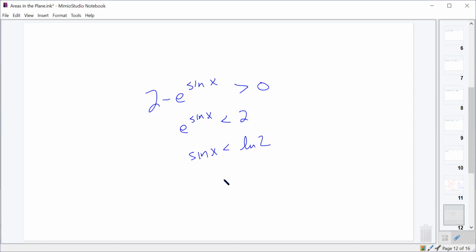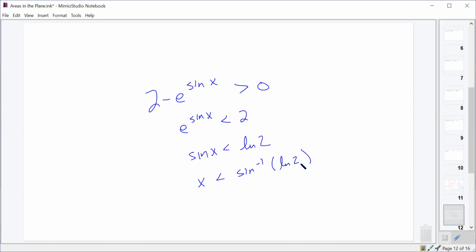Or what can we do with that? Take the inverse sine. So x is less than the inverse sine of the natural log of 2.